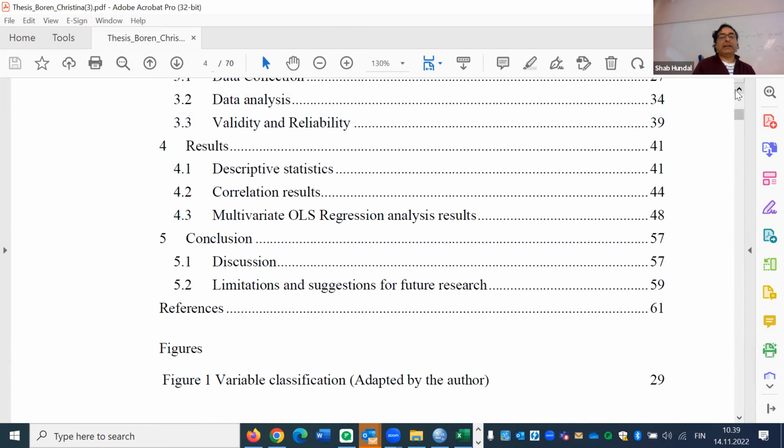Most of you, with some exceptions, would be having 3 stages of data analysis. The first would be called descriptive statistics. Descriptive statistics basically means what the data's characteristics are.